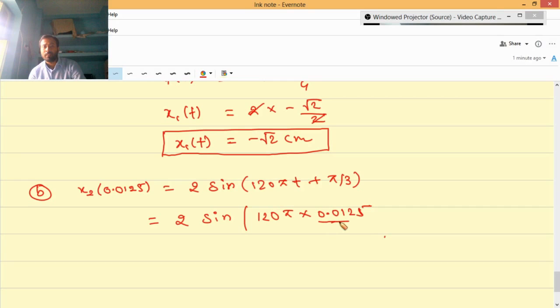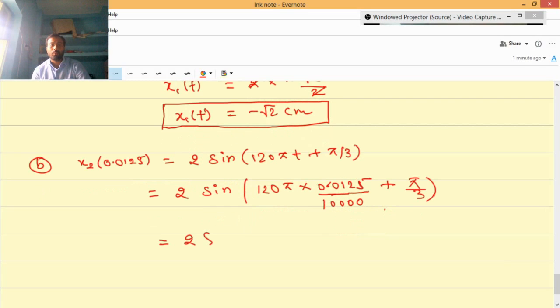The pen is having some problem here, and that's why I have to go like that. Now it's okay. So pi upon 3, so it will be 2 into sine of this particular value, which we have to evaluate.